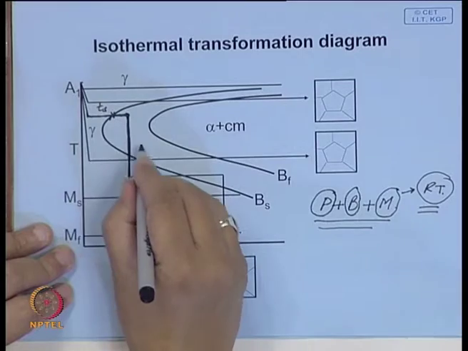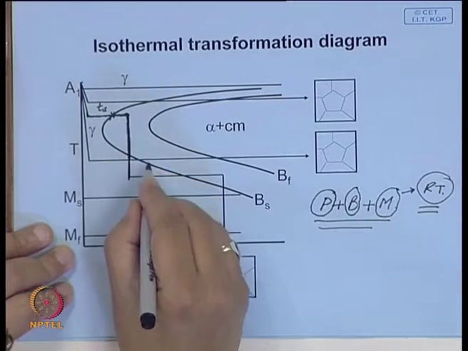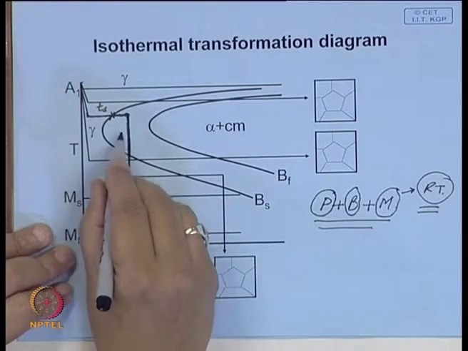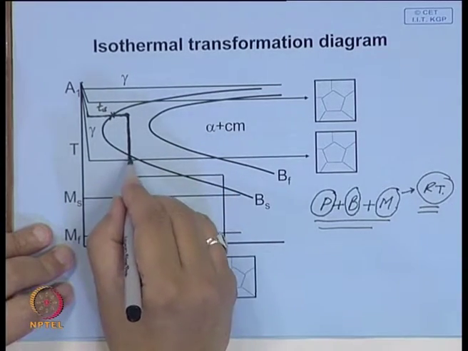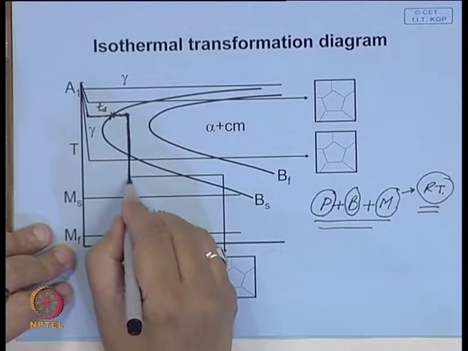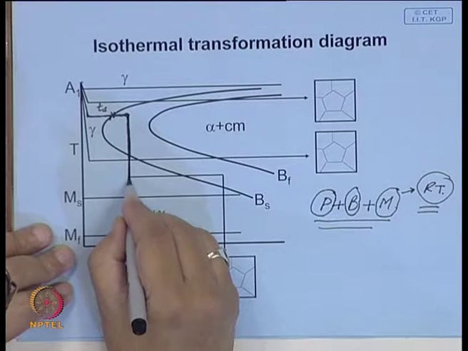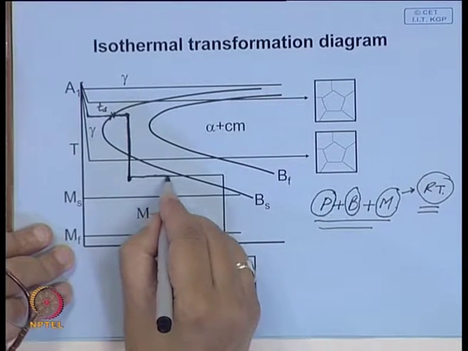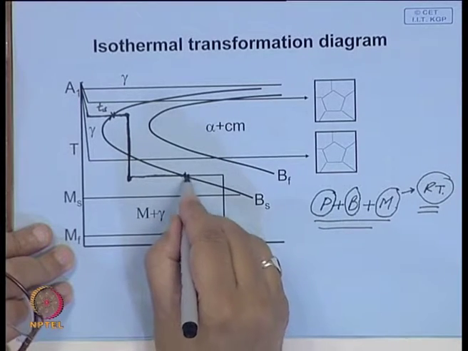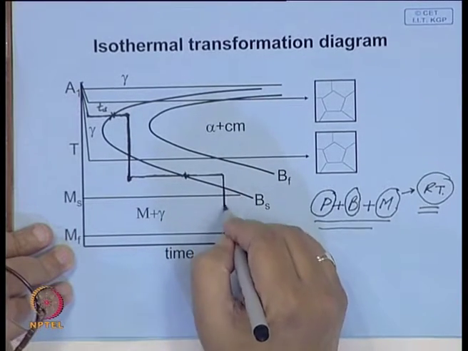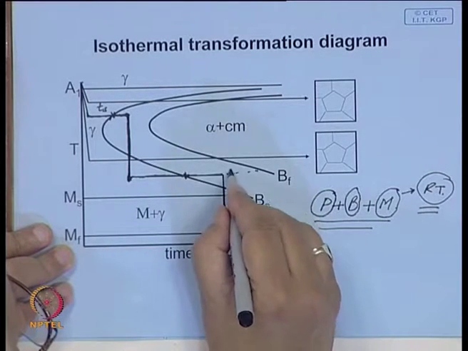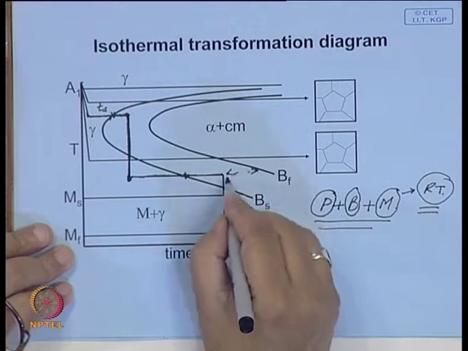So, even though this passes, apparently it looks like it is passing through this, but mind you, this is an isothermal transformation diagram. This C curve represents that unless you have a hold time here, the transformation cannot take place. So, what you do? You come over here, then you hold until bainite transformation starts. So, here the bainite starts, keep it for some time, then you quench, and mind you, this portion is untransformed.